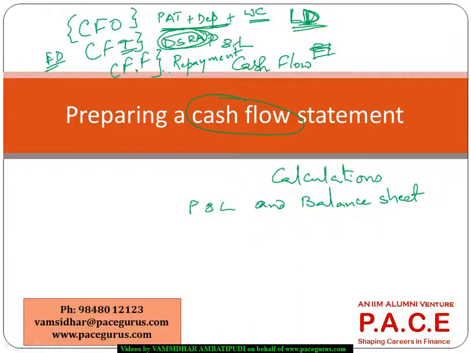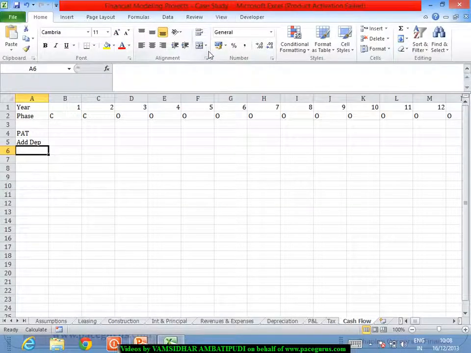So these are the regular cash flows that we encounter: cash flow from operations, investment, as well as financing activities. What I can do is either break down into that kind of detail, or add up all those things and say the net cash flow. I can very well go with the net cash flow kind of approach. Okay, PAT, to that I am adding depreciation.